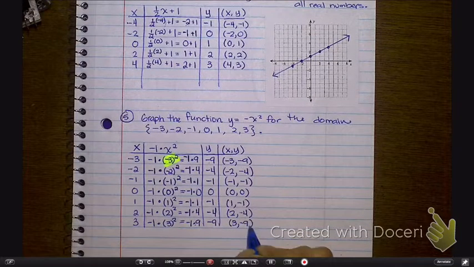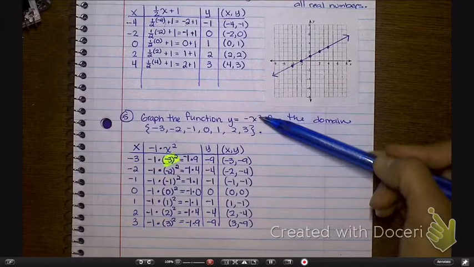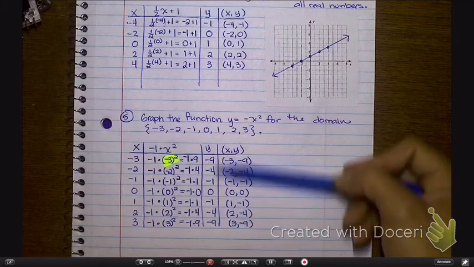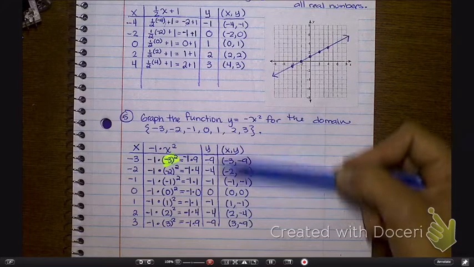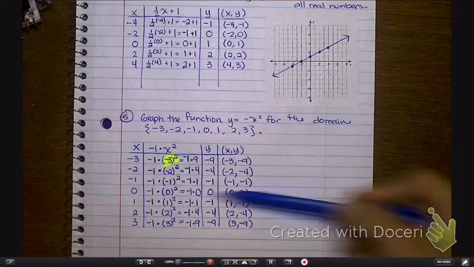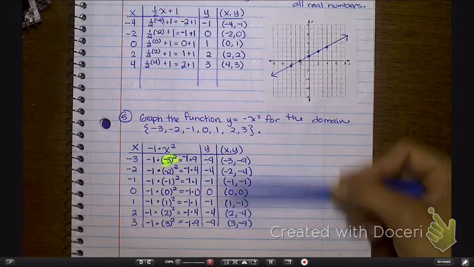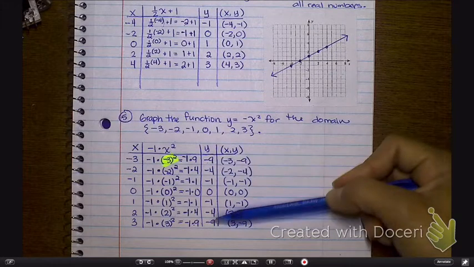What you're going to find, class, is when you're graphing a function with a squared on the x, you're going to find this pattern happening. I guess not really a pattern, but a similarity, where you have a center number, and then each of the numbers around it is the same. So it creates a mirror image.